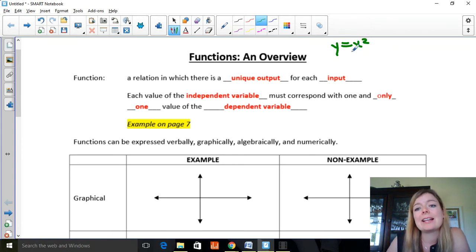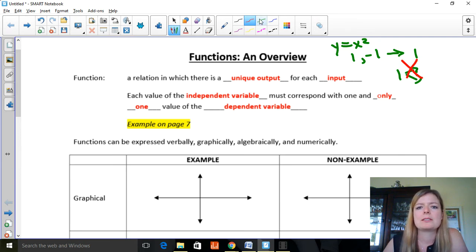But the answer 1 will come up again if you put in -1. So both 1 and -1 as input will give you an output of 1, but that is still a function. The problem would be if you had an input of 1, let's say, that came out with 2 possible outputs. That is a big no-no.